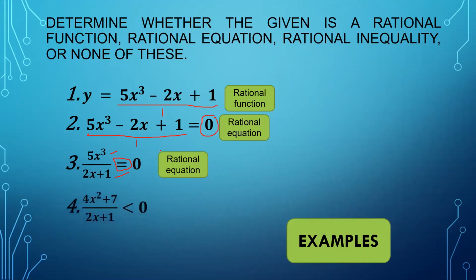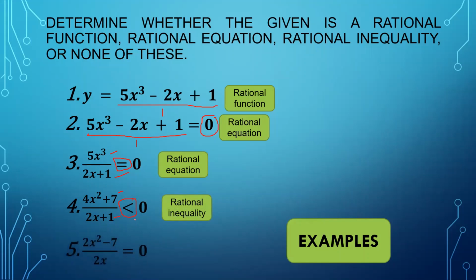So next, number 4, we have (4x squared plus 7) all over (2x plus 1) less than 0. So this is a rational inequality since it is separated by an inequality sign, less than, and the numerator and the denominator of the given expression are polynomials.